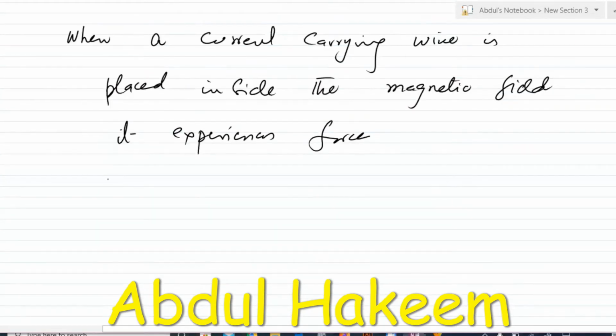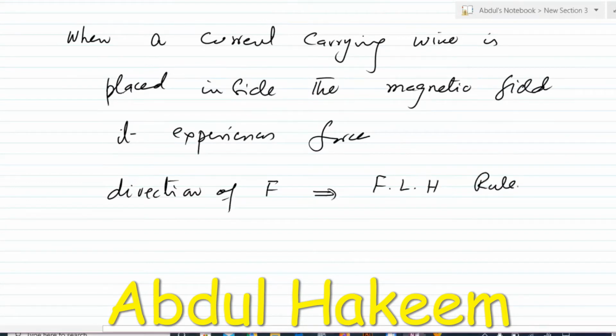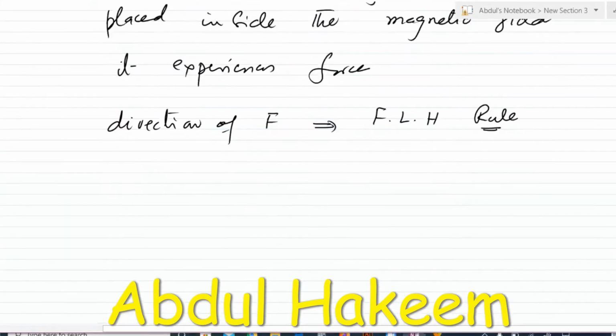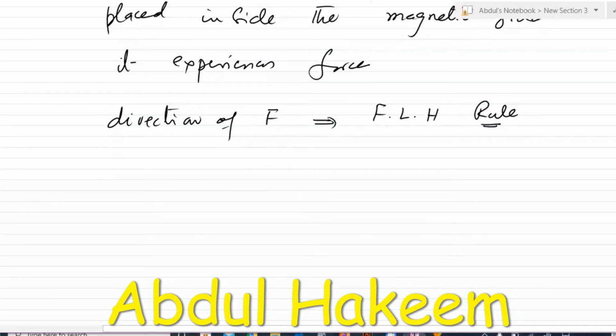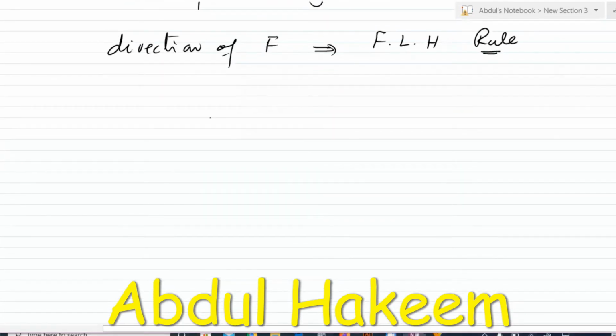And the direction of the force can be determined by Fleming's left-hand rule. So when a current carrying wire is placed inside the magnetic field, the wire experiences force, and the direction of the force is determined by Fleming's left-hand rule. So look, this is the direction of the magnetic field. This is a uniform magnetic field.